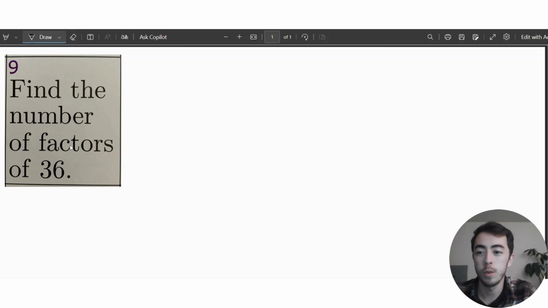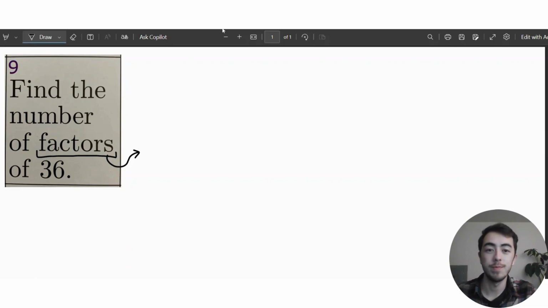So going over some vocab words, looks like there's one important one right here. A factor is just defined as a number that's being multiplied, and I want to find some numbers that multiply together to get the number 36.